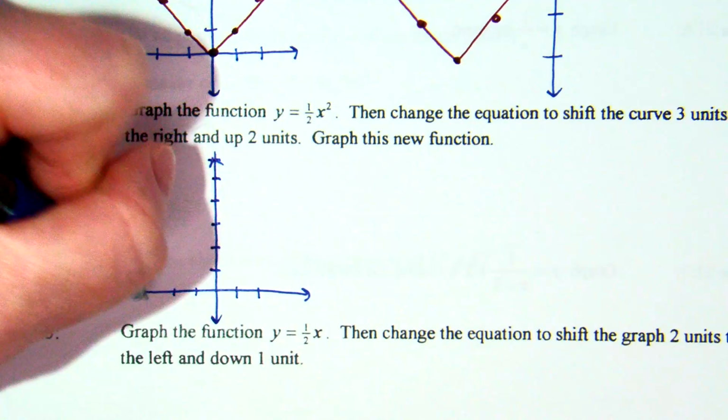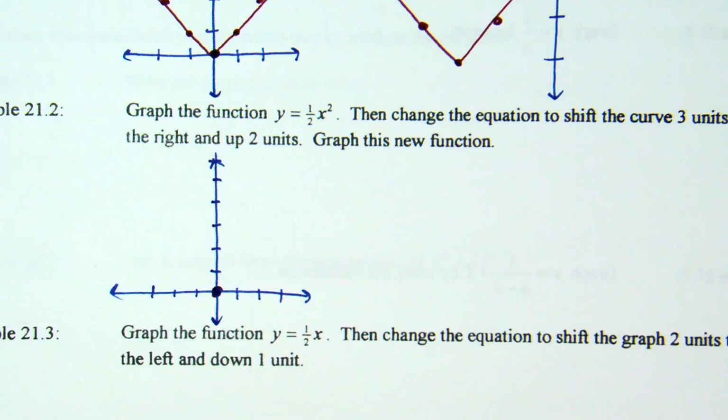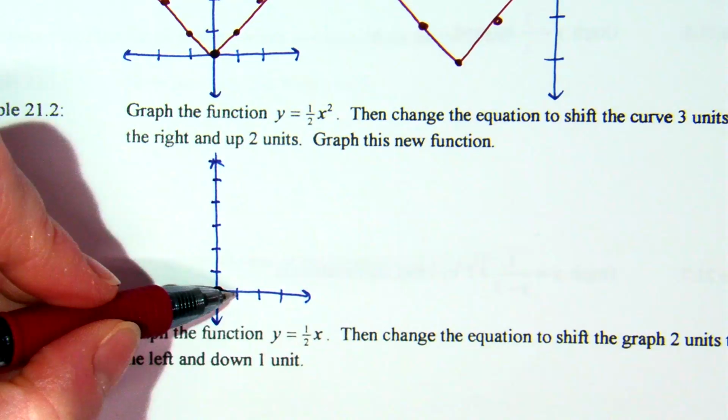What about this one? When you put in 1, you're going to get a half. Basically, each of your outputs are going to be half of what they normally would. Normally, we'd put in 1, we'd get 1. Now it's going to be 1, comma, a half. Normally, you put in 2, you get 4. Half of 4 puts us at 2.